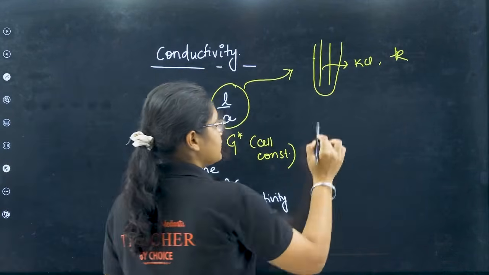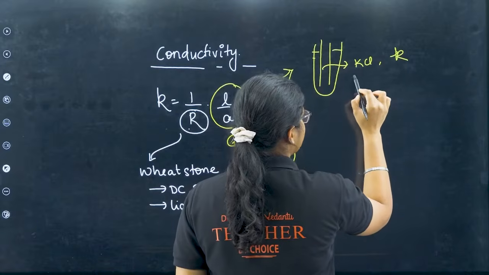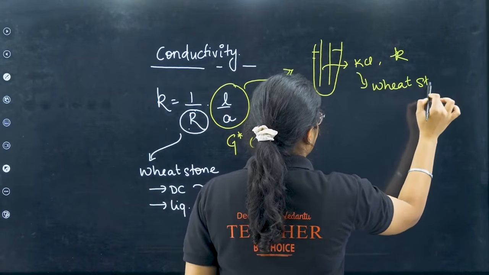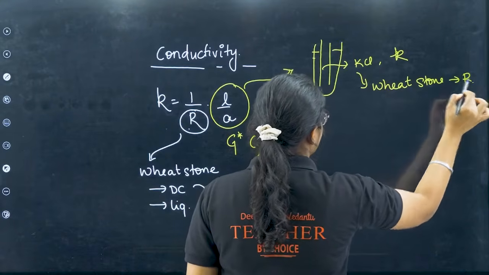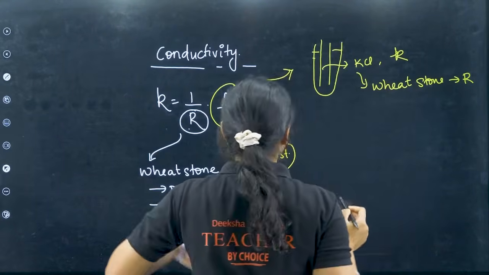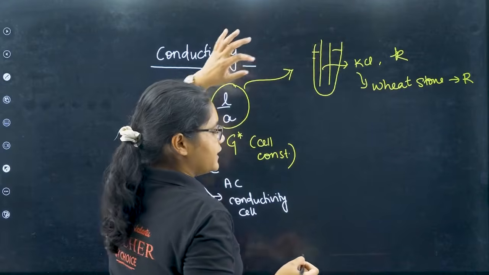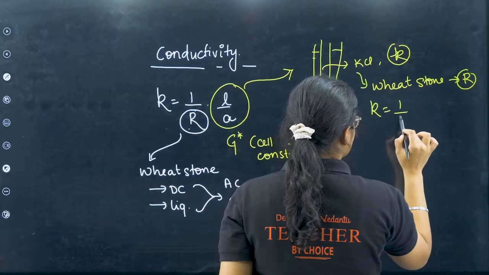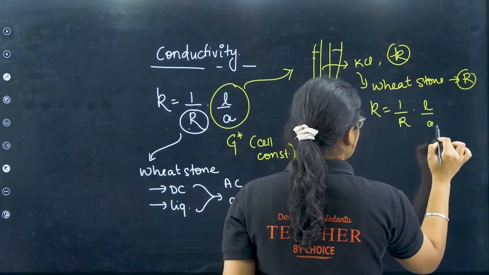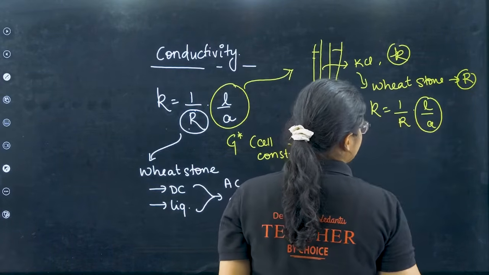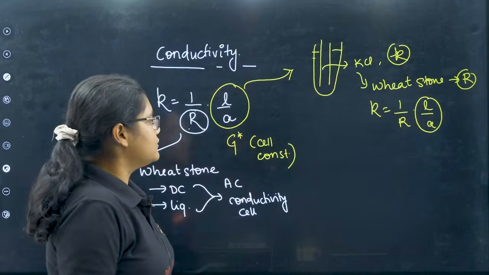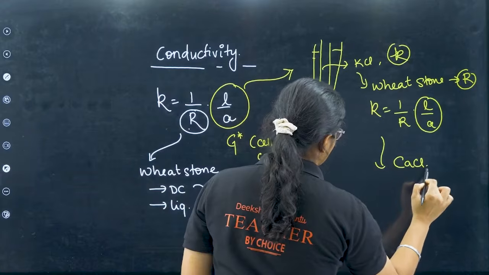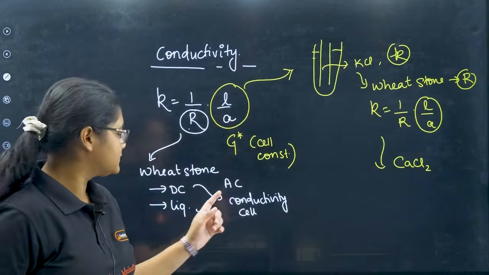Then I will connect that conductivity cell in the Wheatstone bridge and calculate its R value. Now for this conductivity cell, I have the R value and the kappa value, and I know that kappa is equal to 1 by R into L by A. From this I can calculate the cell constant value. Now suppose you have another electrolyte, for example CaCl2, and you want to calculate its conductivity.